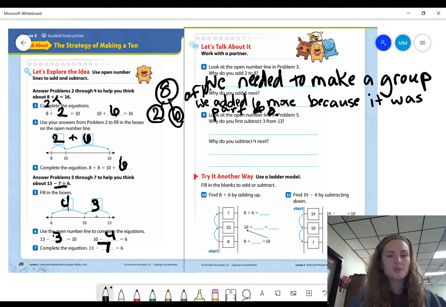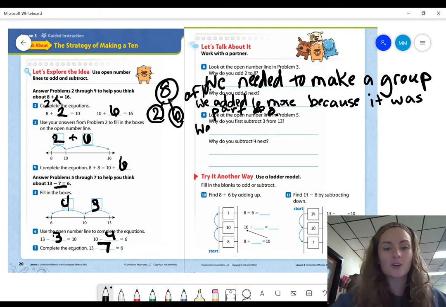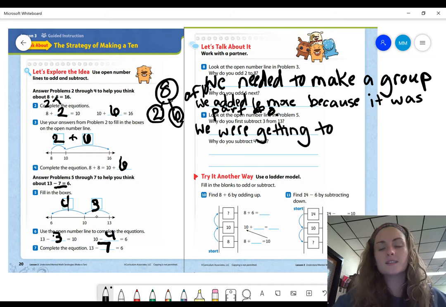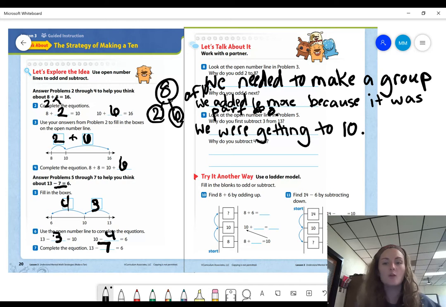Why did we subtract 3 first? Why did we do that? What were we trying to get to? We were trying to get a group of 10. We were getting to 10. We were trying to get down to 10 and take the extra ones left over.